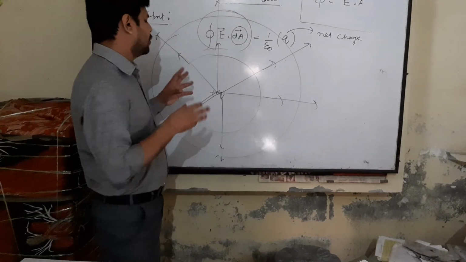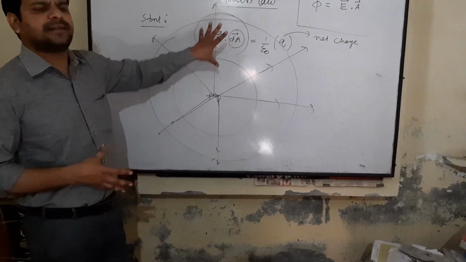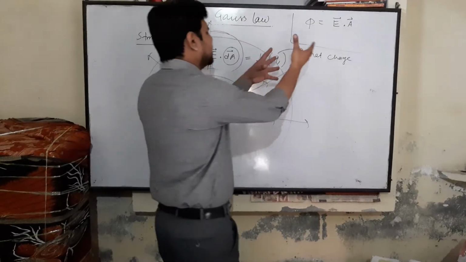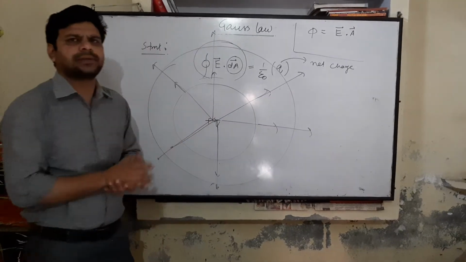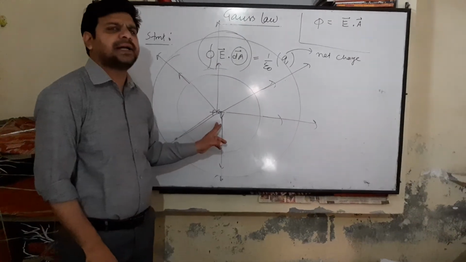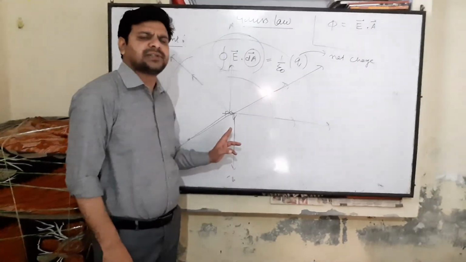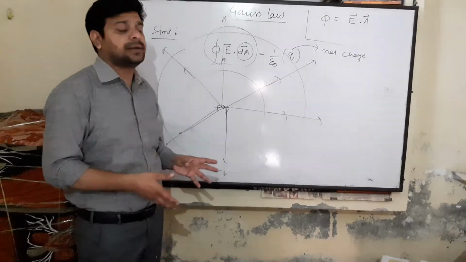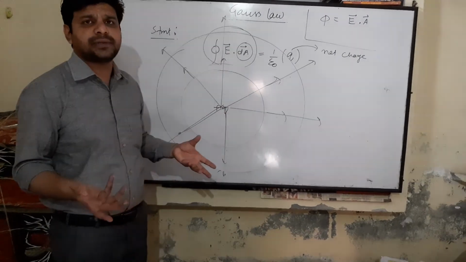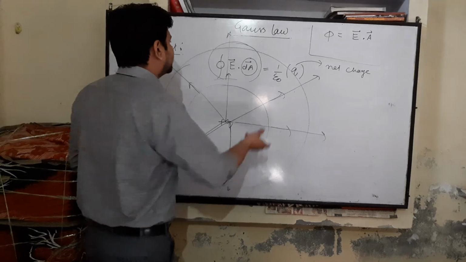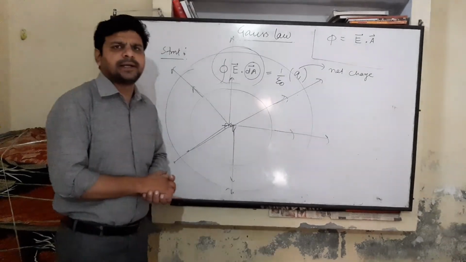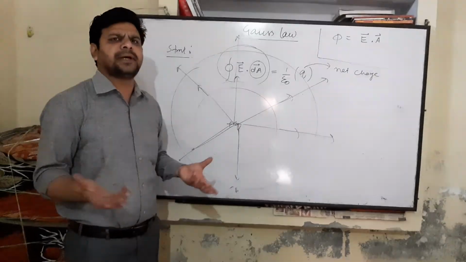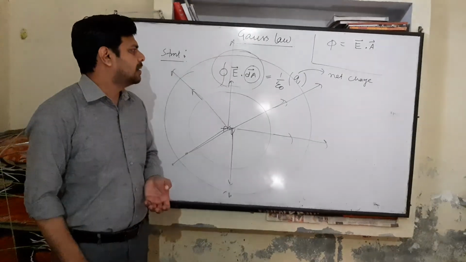So always remember that total electric flux passing through any closed surface only depends upon the net charge enclosed within that surface. If we increase the amount of charge, the electric flux increases. But if we increase the size of the Gaussian surface, the electric flux remains constant.